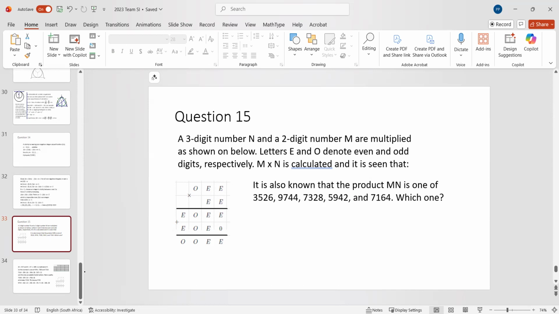All right. Now let's start with what we are given. This number here is an even number, because the last digit is even, right? So is EE, because the last digit is even. So you're multiplying two even numbers, right?